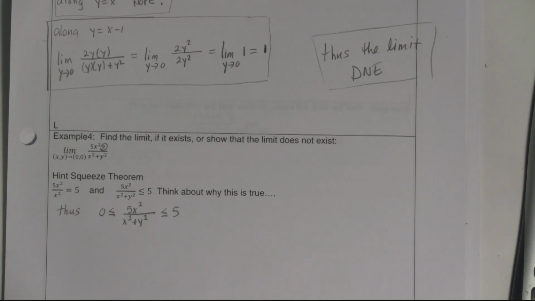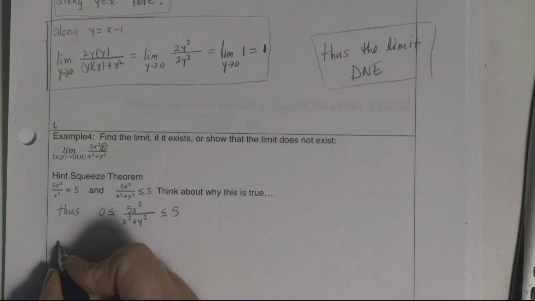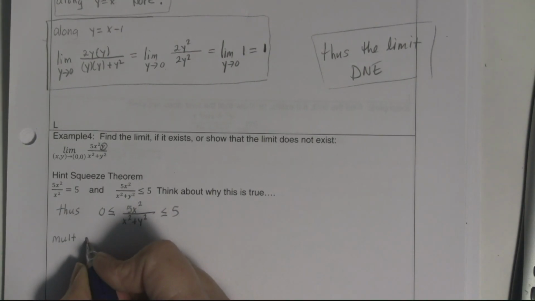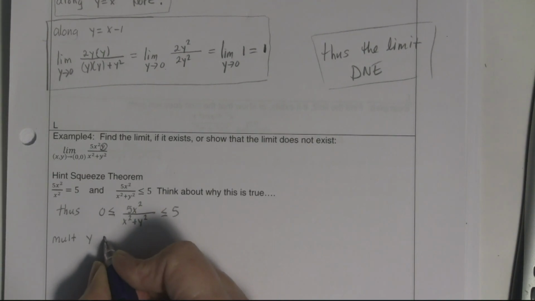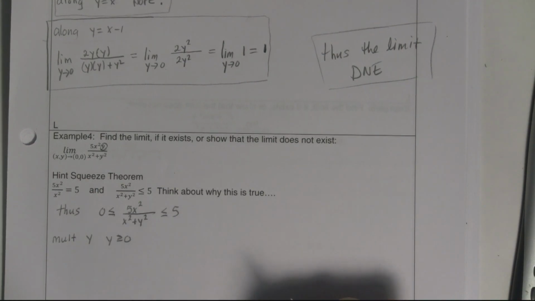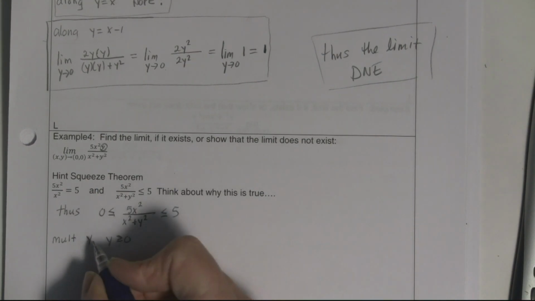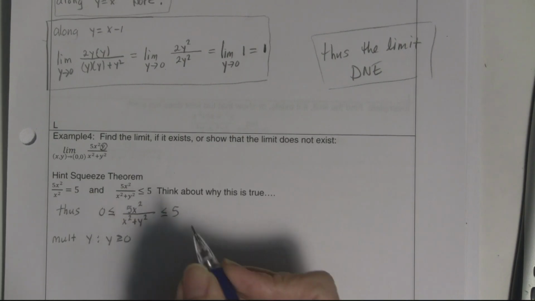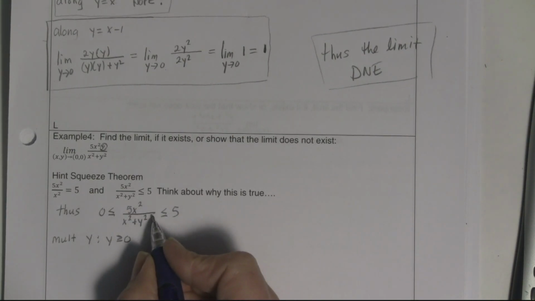And so it wasn't until I said this, that I'm going to multiply here by y, and I'm going to have y be greater than or equal to 0. So that's positive. And so when I do that, I don't flip the symbol.